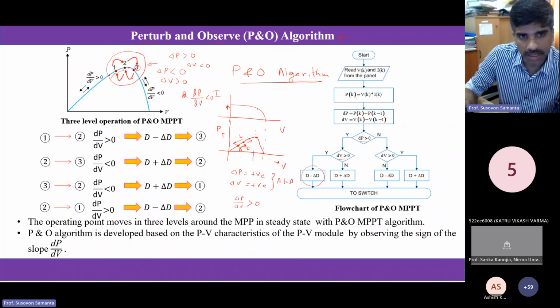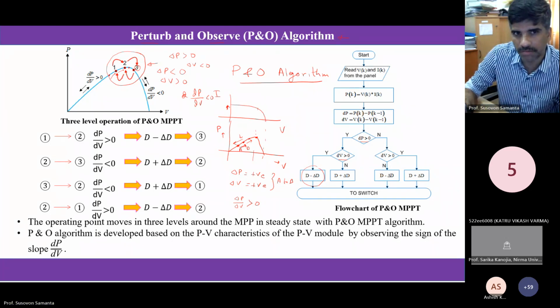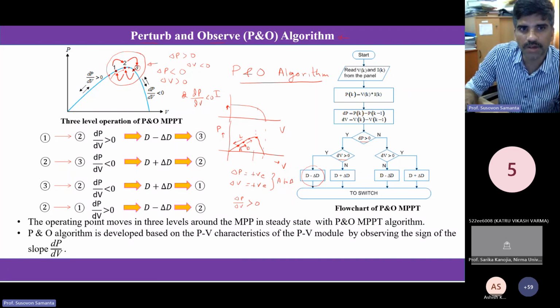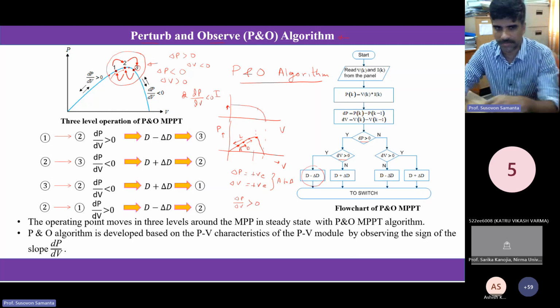This is kind of a 3-stepping. You will see there are 3 voltage levels. Although these may be almost equal, that you will see later on.